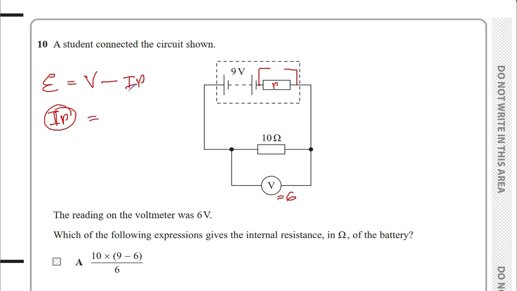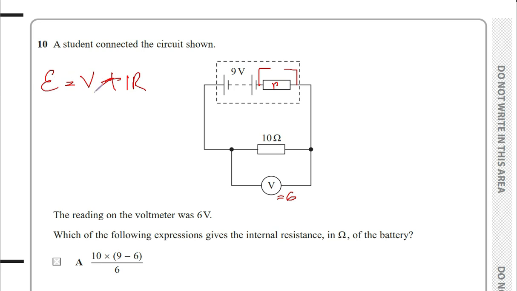So IR should be EMF minus V, right? So EMF is 9 volt and, sorry, EMF is always equal to V plus IR, my bad.